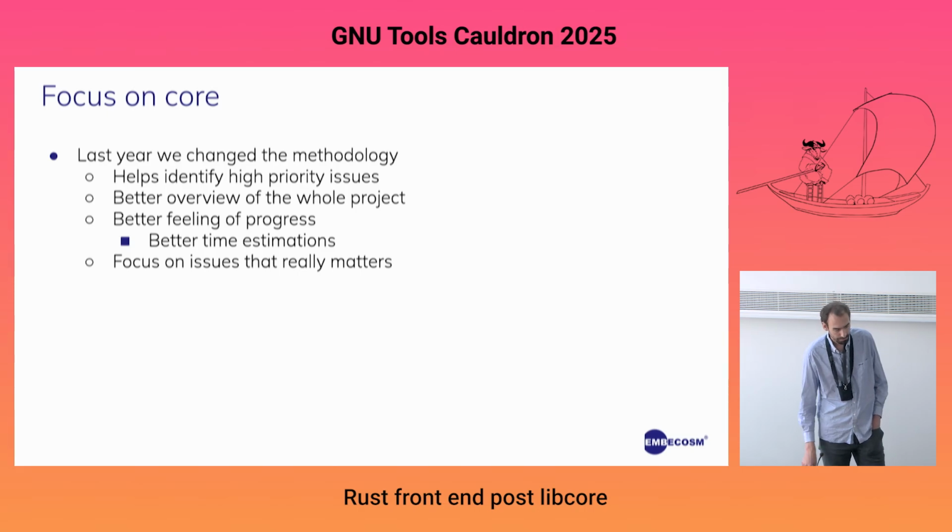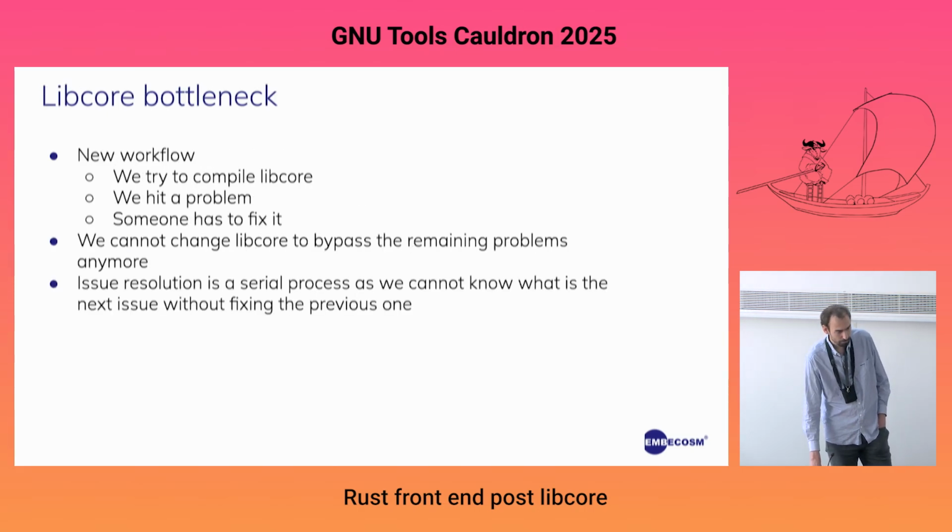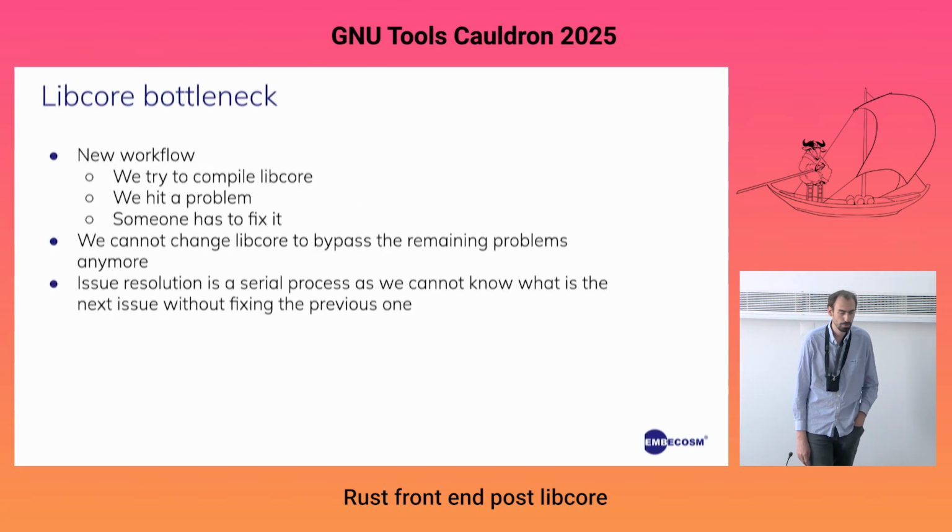So recently we hit another problem. It is a libcore bottleneck. With that new workflow, we all focus on libcore, but recently there was a lack of problems on libcore, because we fixed so many things that there are not enough problems for every engineer to cover.